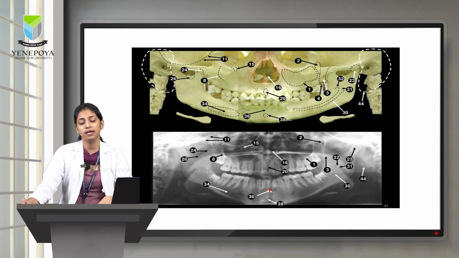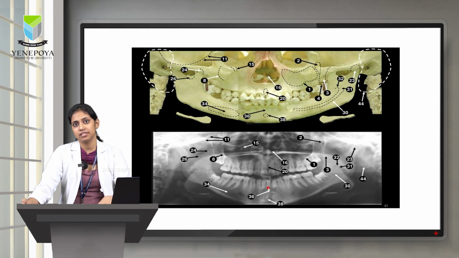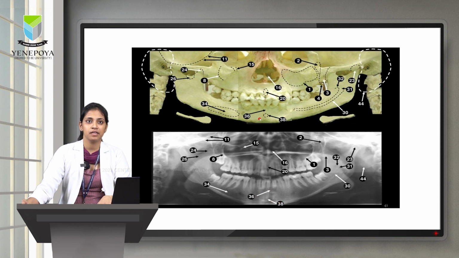Then here we have the mental ridge represented by 36, and the genial tubercle, a small radio opacity noted at the central portion represented by 38. 34, here this radiolucency below the roots of mandibular molars represents the submandibular fossa.